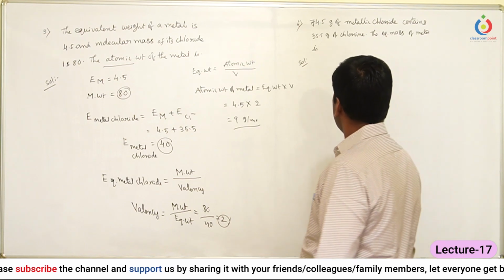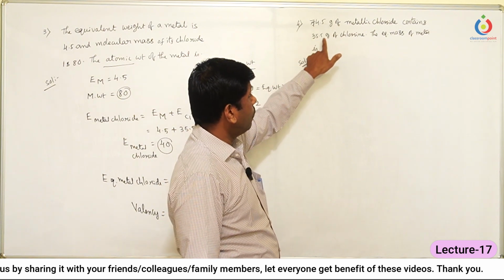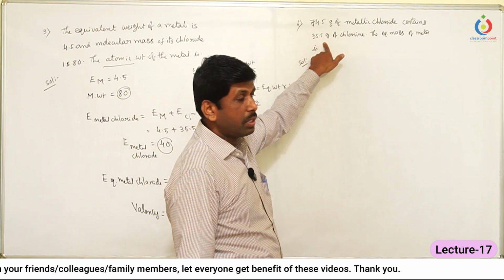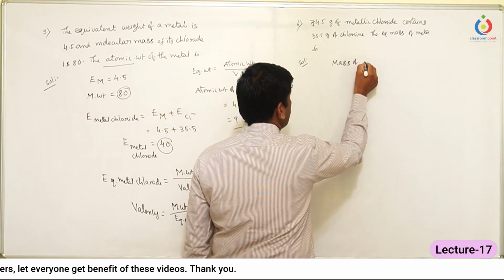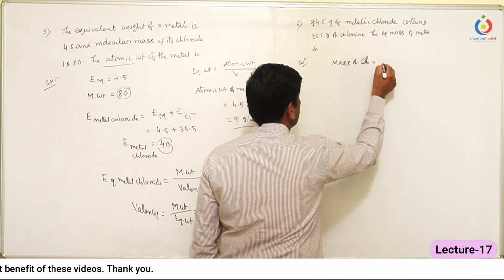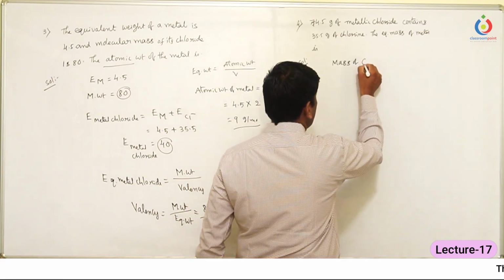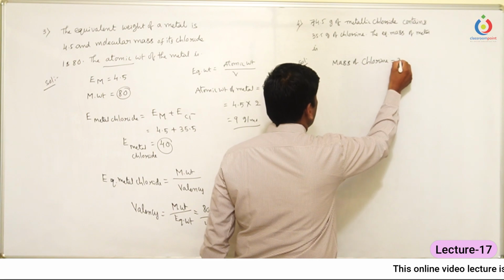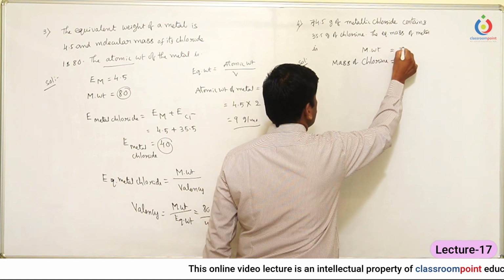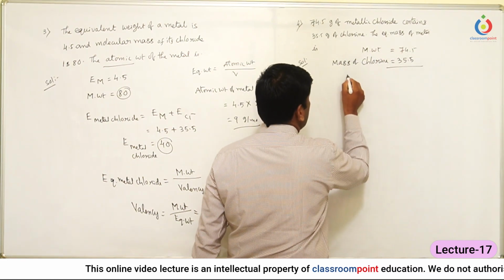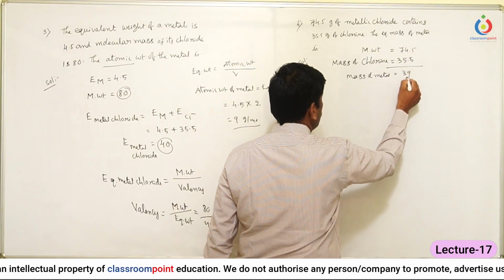So here the total mass is 74.5 grams. In that, how much is present? 35.5 grams of chlorine is present. So mass of chlorine is equal to 35.5 grams. Total molecular weight is equal to 74.5 grams, and mass of metal is equal to 39 grams.